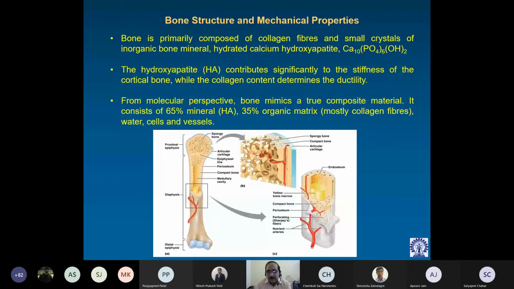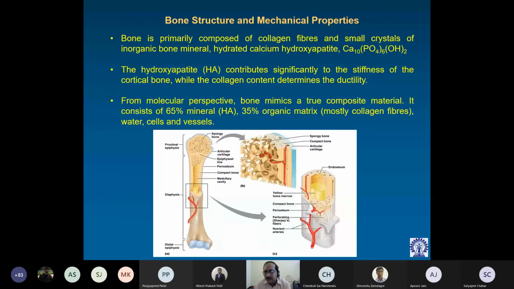And as I have already discussed, bone is primarily composed of collagen fibers and small crystals of inorganic bone mineral, hydrated calcium hydroxyapatite.